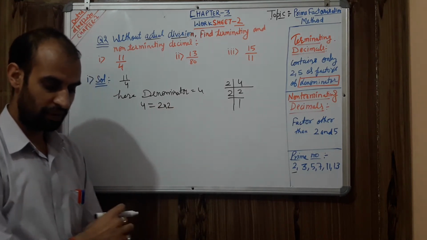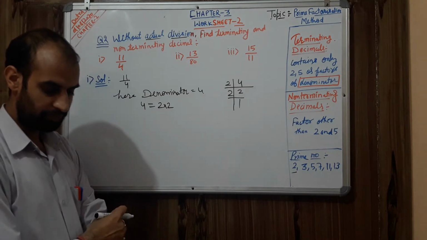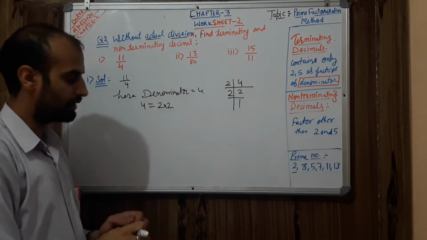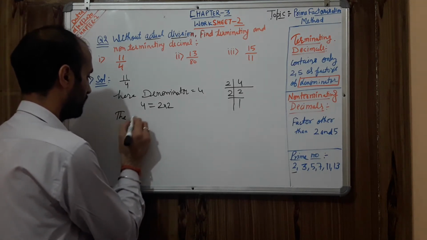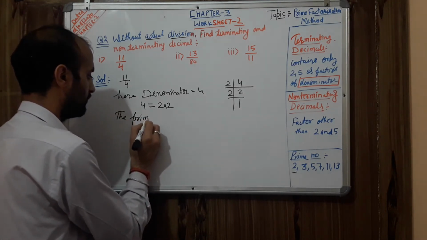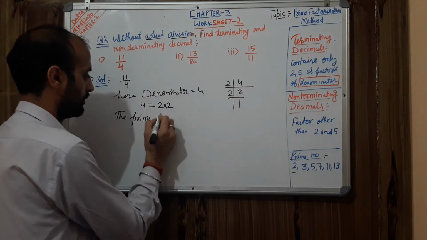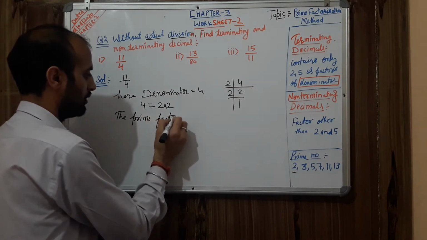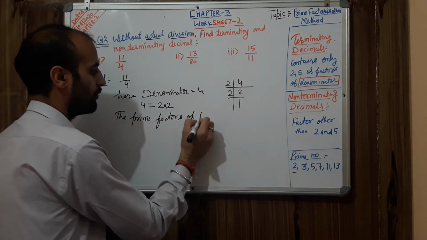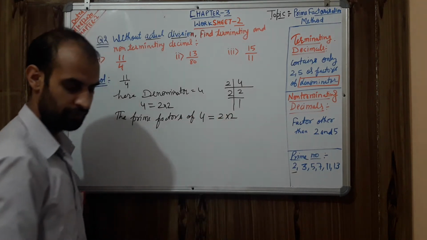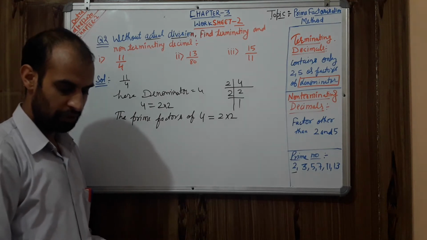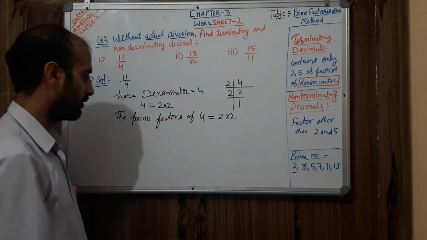This is very important. So the prime factors of 4 are 2 into 2.